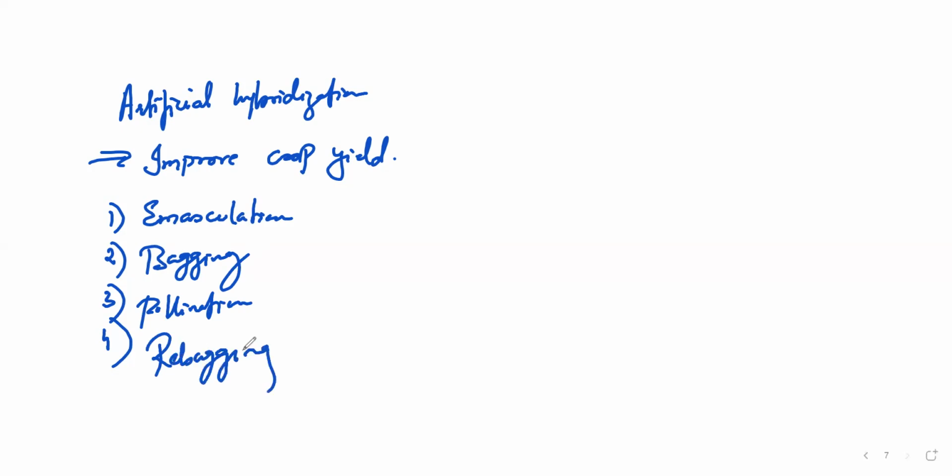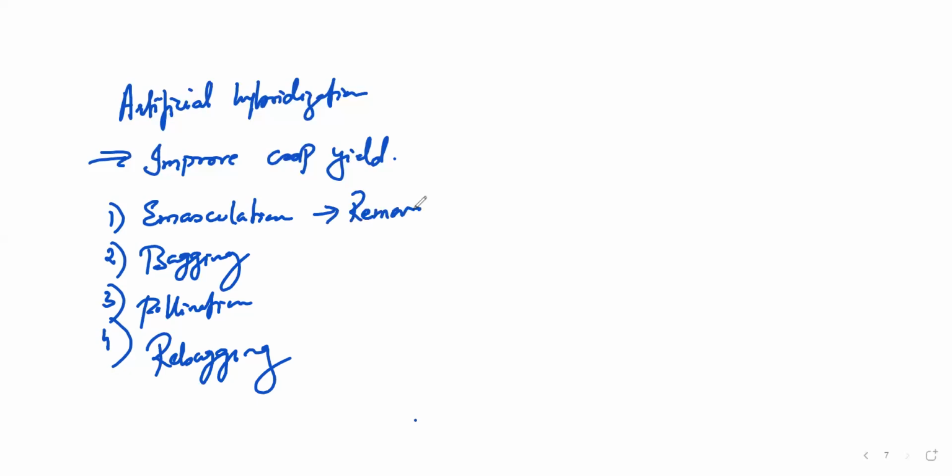Right? Now, what are these terms? First one is emasculation. Emasculation means whatever anthers are there, they are removed from a bisexual flower. So bisexual flower means what? Both male and female gametes will be present. So the anthers are removed from a bisexual flower bud of the female parent before that anther bursts to give what? Pollen grains. So this is called emasculation. Okay, so what is emasculation?